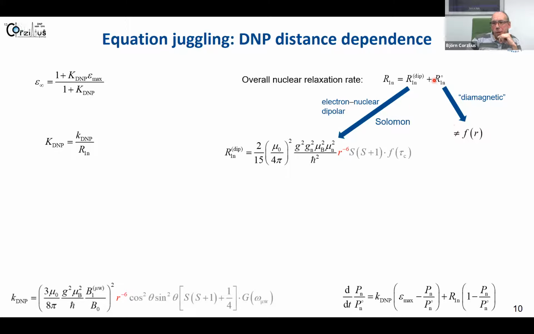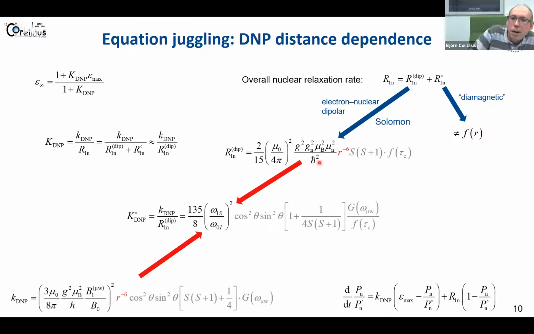For the dipolar relaxation rate, we can utilize Solomon's equation, for example, and then we end up with this dipolar relaxation rate, which is also a function of the inverse 6th power of the electron nuclear distance. So now if we compare these two, and if we put these in this DNP equilibrium constant, we see that as long as we assume that this dipolar relaxation rate is dominating over the diamagnetic relaxation rate, which is a rather good approximation, then we just have this ratio between the DNP rate constant and the dipolar nuclear relaxation rate.